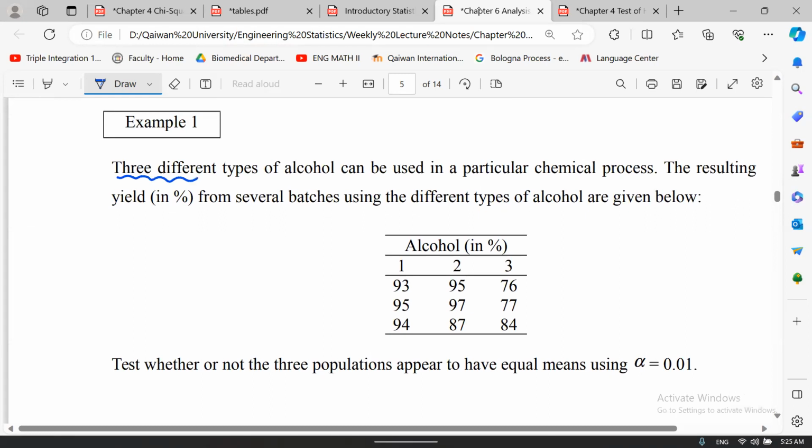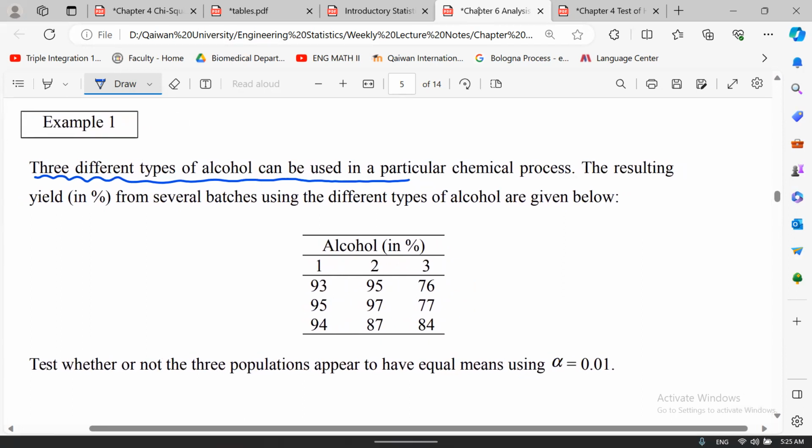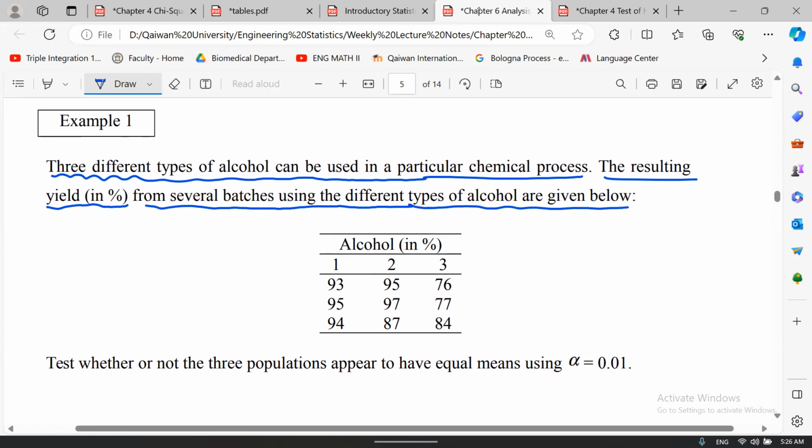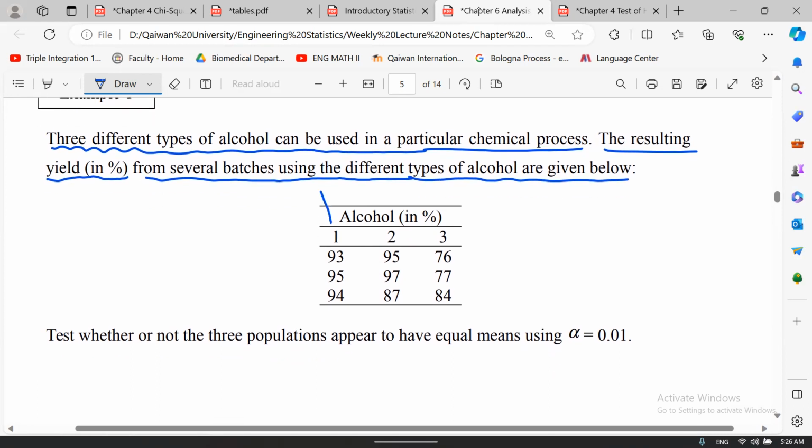Here it says 3 different types of alcohol can be used in a particular chemical process. We have 3 types of alcohols. The resulting yield in percentage from several batches using the different types of alcohol are given below. For type 1, type 2, type 3, we have these 3 groups: group 1, group 2, group 3. Okay?